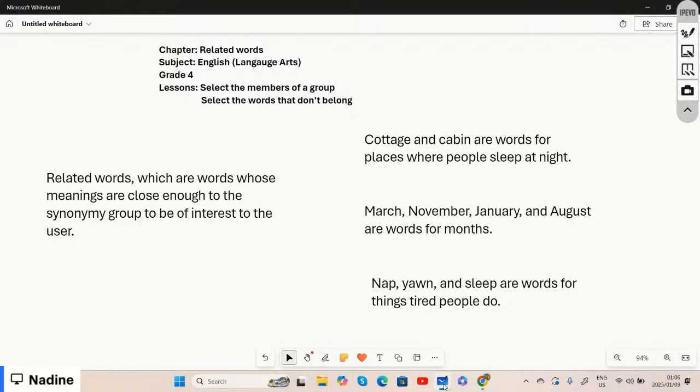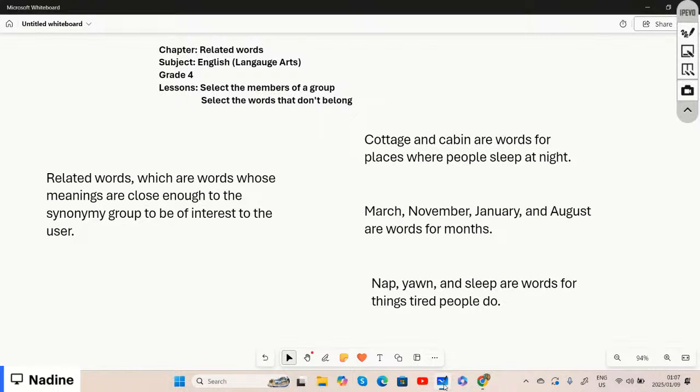All right, so when it comes to related words, it's more synonymy words that are close enough to the meaning of each other.